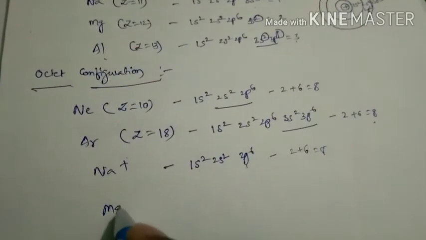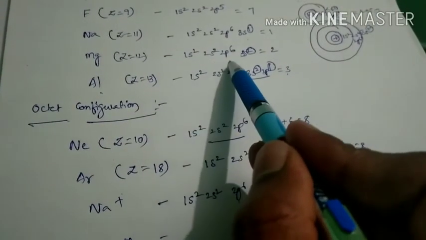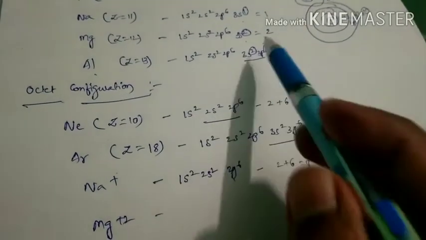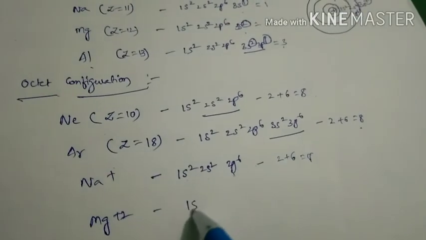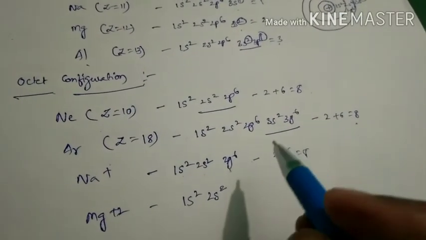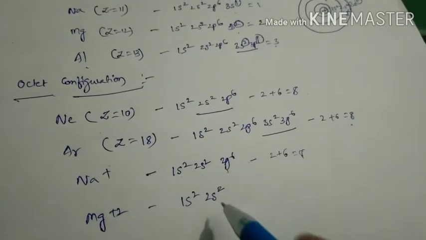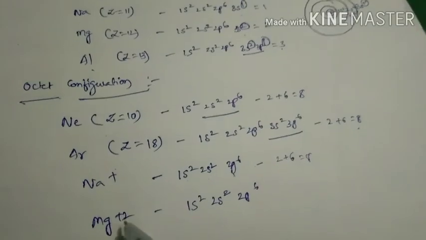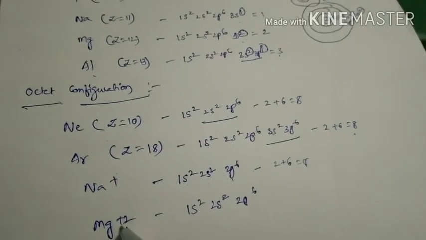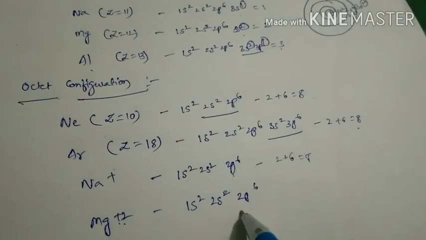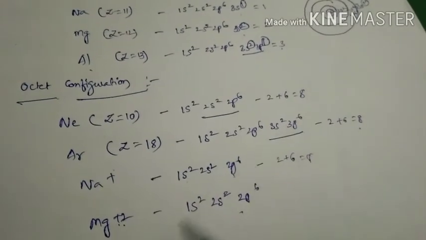And one more example, take Mg2+. Actually Mg is 1s2, 2s2, 2p6, 3s2. But Mg2+ means we should remove 2 electrons from the outermost orbit. Then this configuration is also the same as the Na+ configuration, that means 1s2, 2s2, 2p6. Plus 2 means it loses 2 electrons, which are removed from the outermost orbit. So finally this is the electronic configuration for Mg2+.